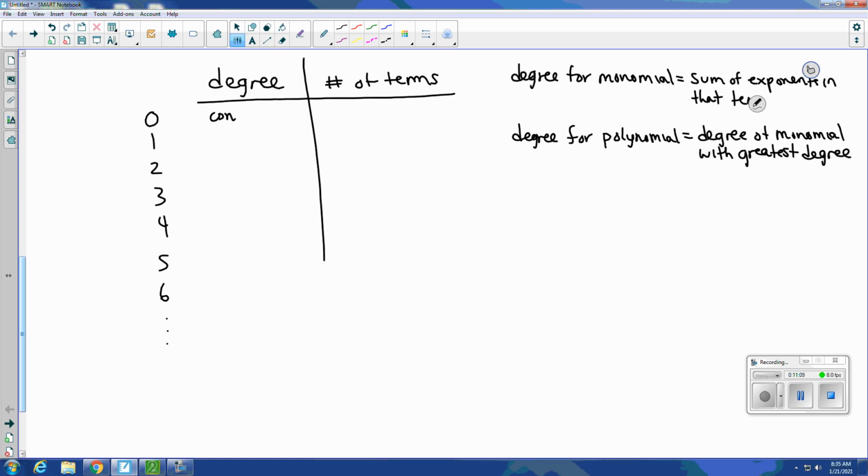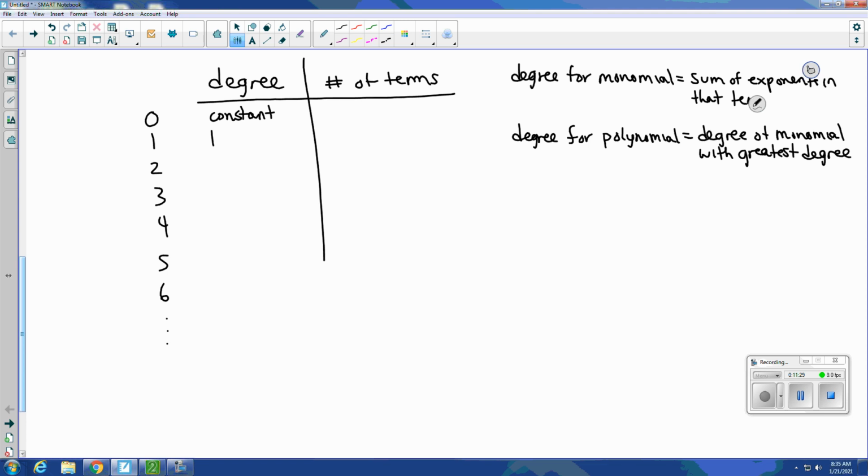So if we just have a single number, say 6, we could theoretically put x to the 0 there because anything to the 0 power is 1, and this is just 6. So you'll see anytime the sum is 0, we are left with just the constant term, so we refer to degree 0 terms as constants.